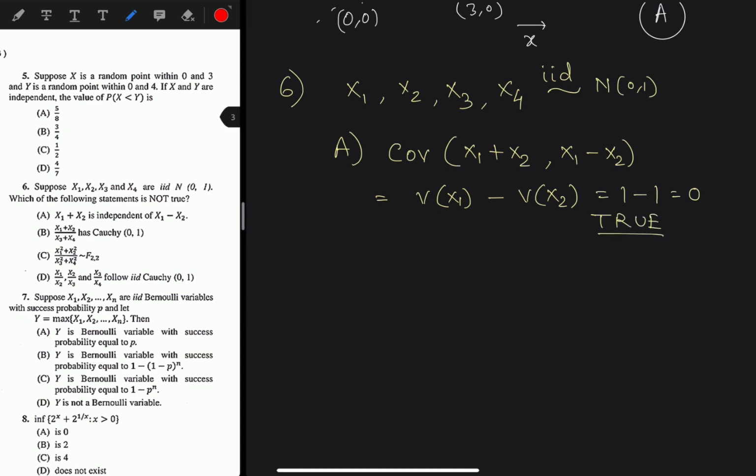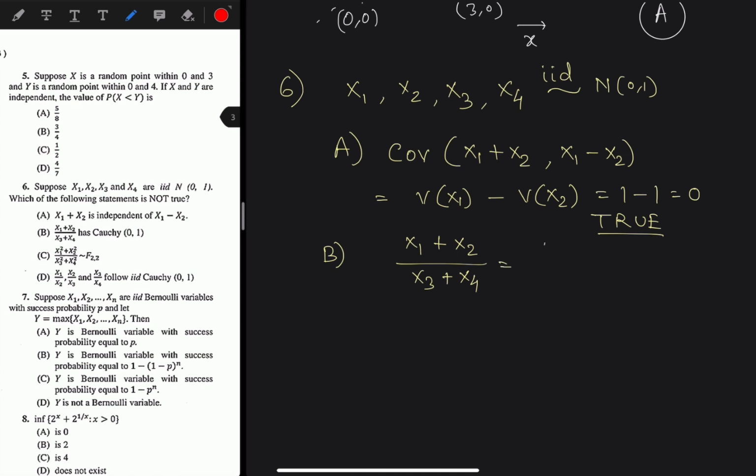So option A is true, but we have to find which option is not true. From option B, x1 plus x2 by x3 plus x4, obviously x1 plus x2 is independent of x3 plus x4, as x1, x2, x3, x4 are independent of each other.